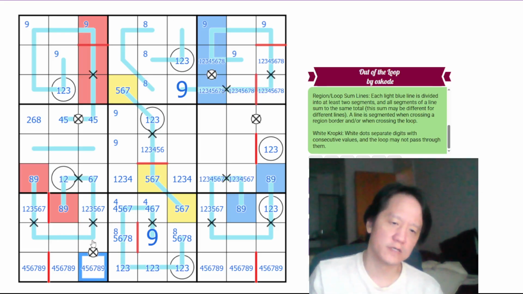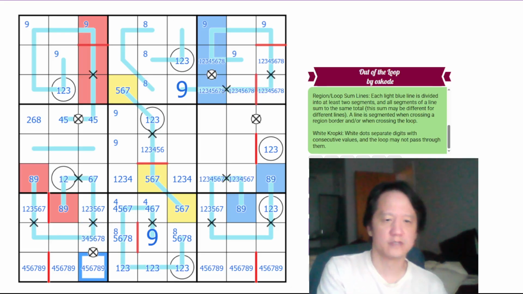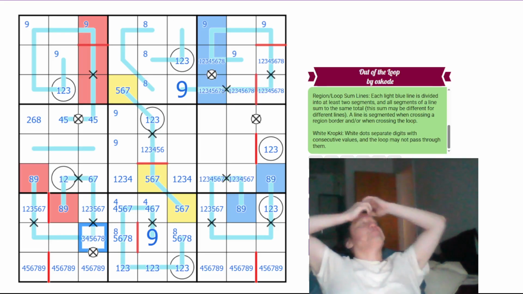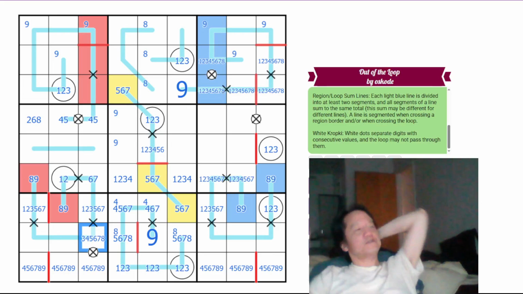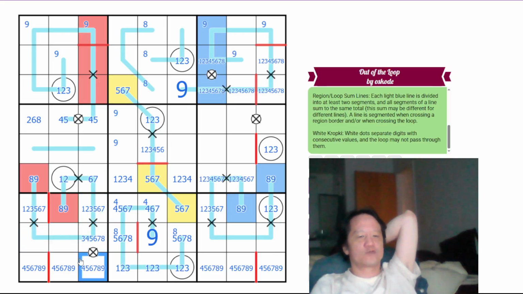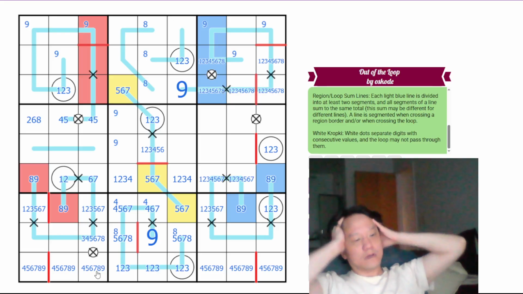These are consecutive, and this can't be 9. So this is 3 through 8 to be consecutive with this. Can this be 1, 2, 3, 5, 7? Yes. 4, 6, and 8 are. Could be here.